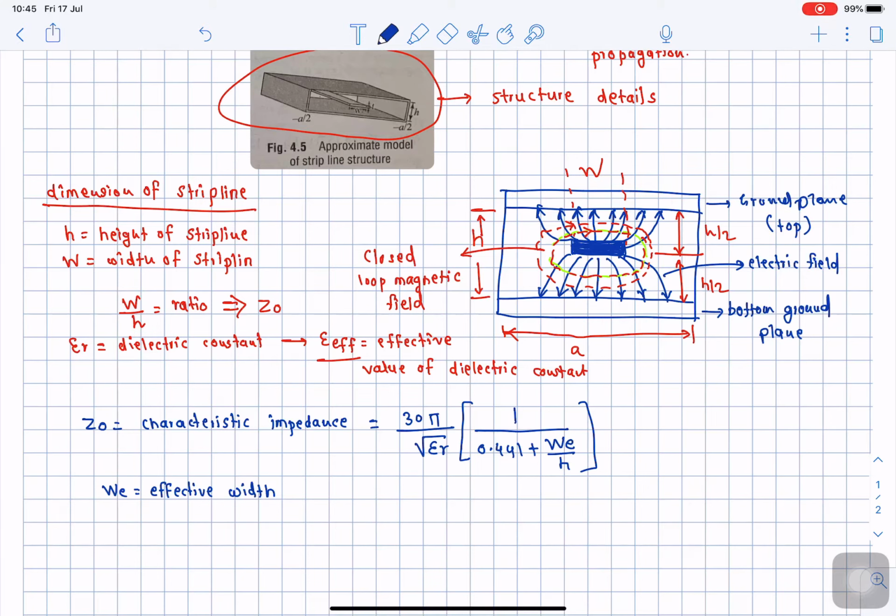So this effective width is given in two different ways, depending upon the value of the width to height ratio. Here H is the height.